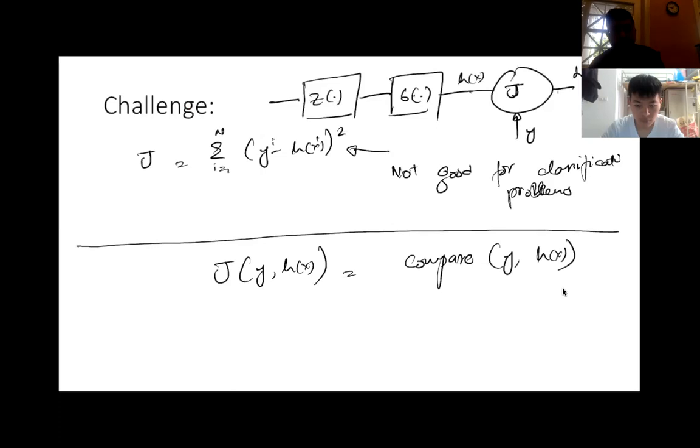Okay. H of x, I'm assuming, is a class label. And it should be 1 if they are not similar, and it should be 0 if they are similar. So for example, if the output class is 1 and your network says that your class label is 1, the loss should be 0 because both the labels are same. But if the true label is 1 and your network says the label is 0, you should get a high loss, right?